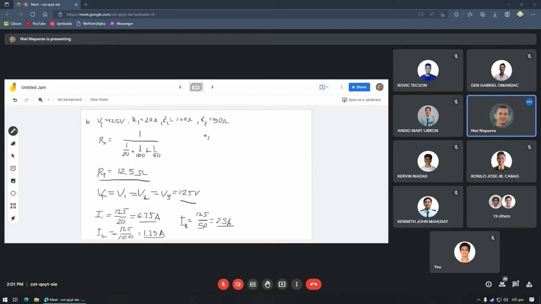So I total is equal to V total over R total. So R total, voltage 125 divided by 12.5.